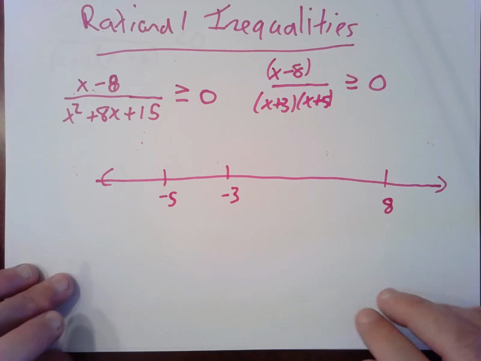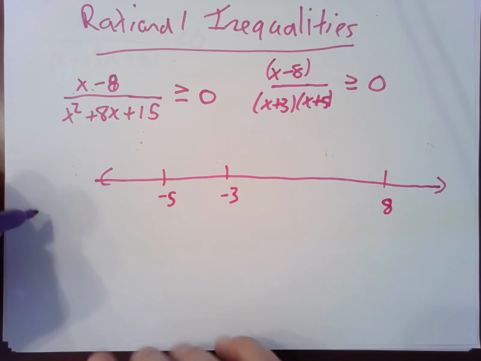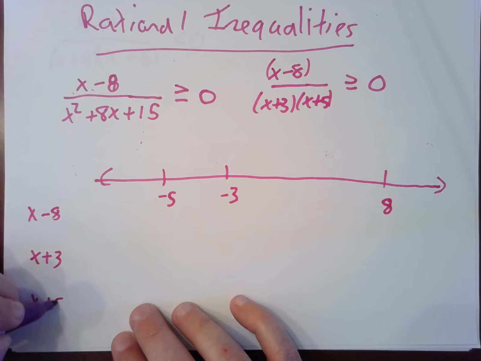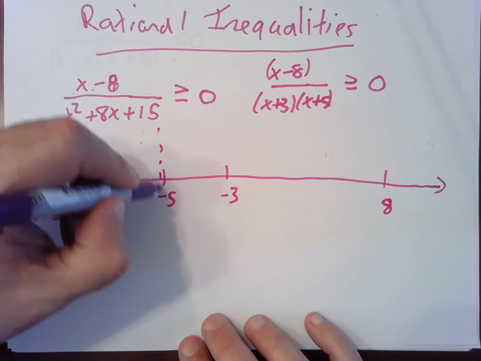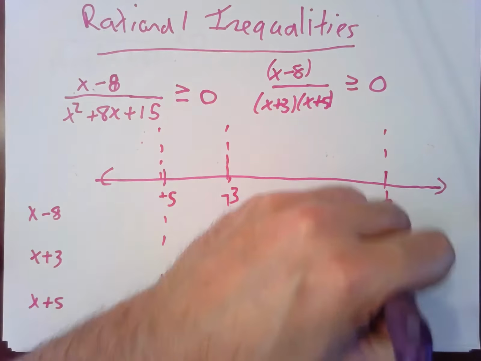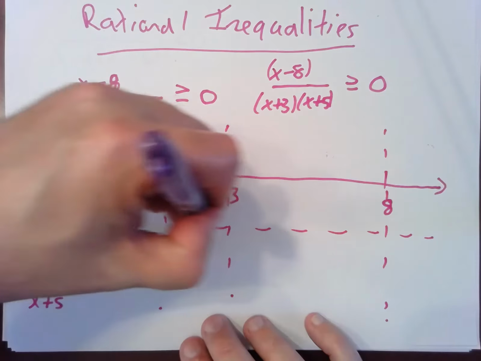Don't worry about a scale. That's good enough. We list over here on the side all of our factors. Order doesn't really matter here. And we put in our dotted lines, make our grid, just like we did with polynomials.